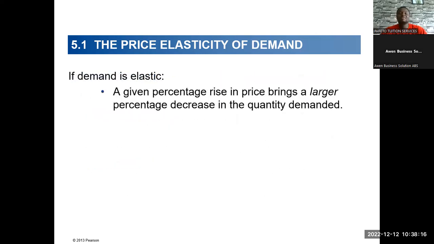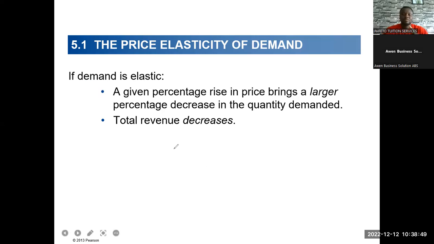Now, we know that if demand is elastic, what it means is that whenever price increases, the fall in quantity demanded will be larger in terms of percentages. Are we together? So the percentage change in quantity will be greater than the percentage change in price. So if there's a percentage rise in price, then the percentage decrease in quantity demanded will be larger. Now, if this is the case, total revenue will fall. Why are we saying this?